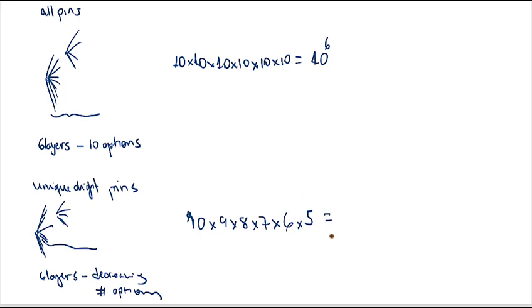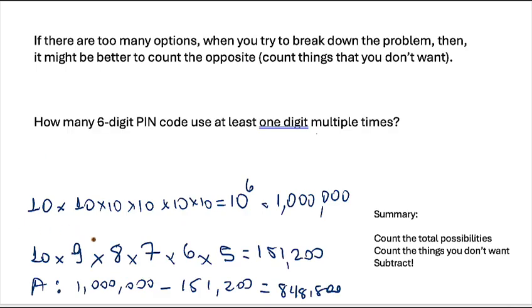And this, well, I did the calculation. The total is 1 million. The calculation for this selection without replacement is 151,200 numbers, pins. And so the answer that I want, the number of pins that I want, is the total minus the thing I don't want.